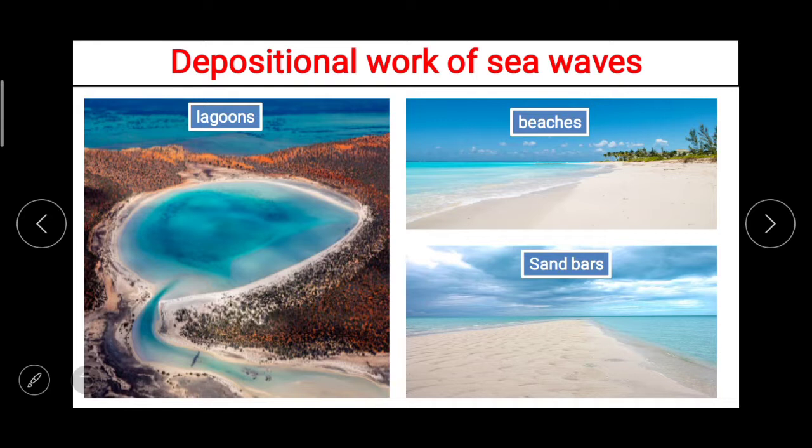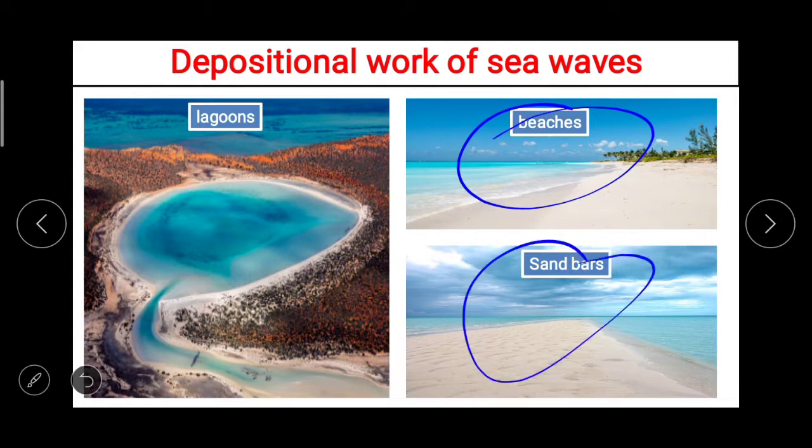So, deposition of such material occurs at the places where the effect of waves is less, and because of this landforms like beaches, sandbars and lagoons are formed due to depositional work of the sea waves. So, here in this topic we are talking about the landforms which are formed due to the work of different things like sea waves or of wind.